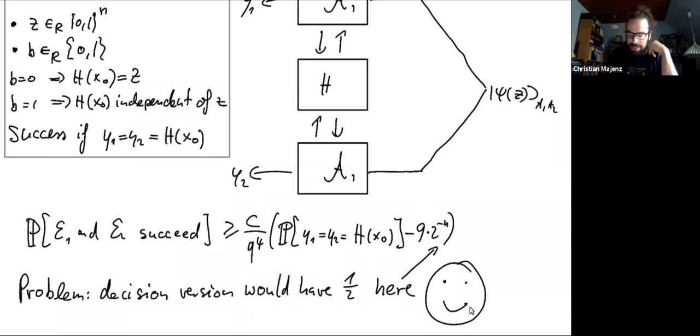But note that the trivial success probability is 2 to the minus n. And what gets subtracted here is 9 times the advantage. And this factor of 9 is a non-tightness. This is a big problem because if we had a decision version of this, then we would have 1/2 instead of 2 to the minus n. So the factor of 9 just kills the bound.